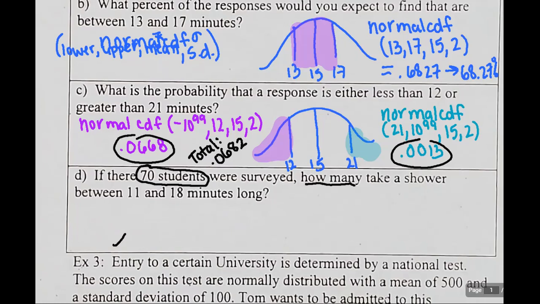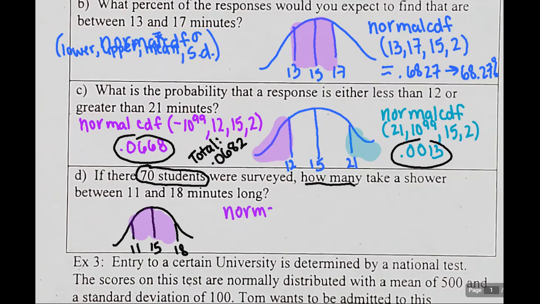So in this situation, again, my mean is 15. I want from 11 to 18. I'm not drawing this necessarily by scale. And so I want to find this area right here. Okay, that's the area I want to find. So when I'm trying to find this area, I am going to be, again, doing normal CDF.